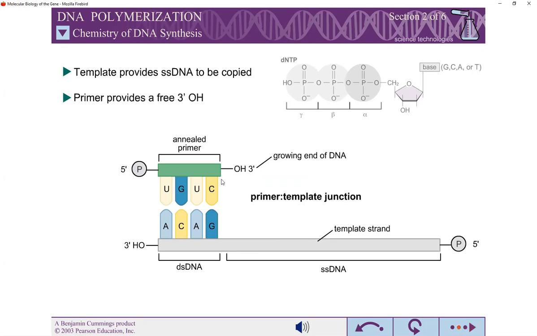The nucleotide triphosphate will make an attack, and the nucleotide triphosphate will come and a monophosphate will get incorporated.